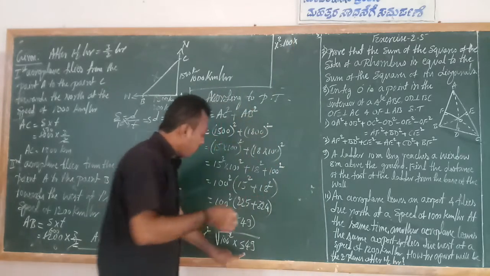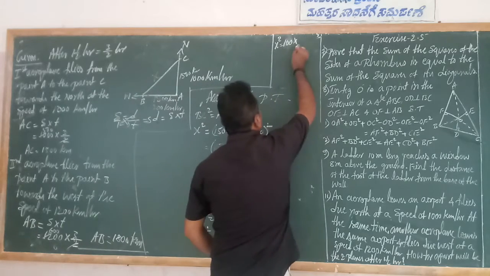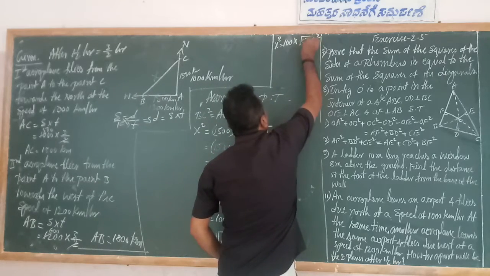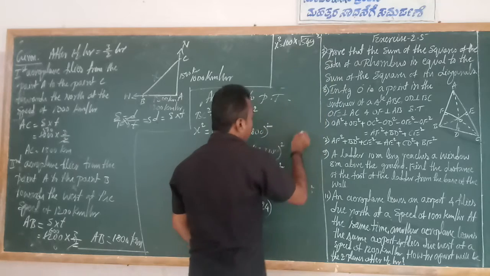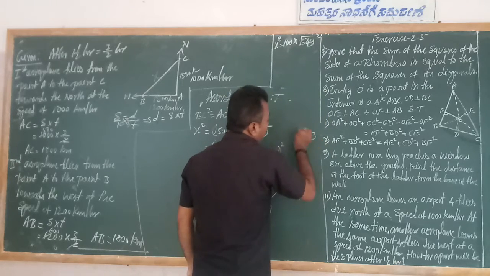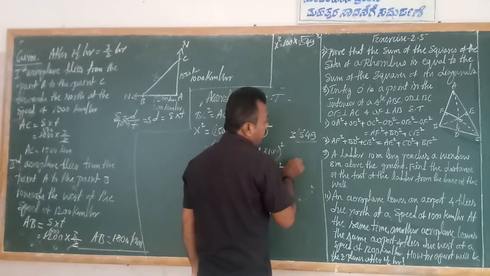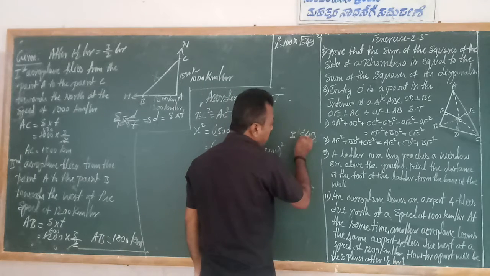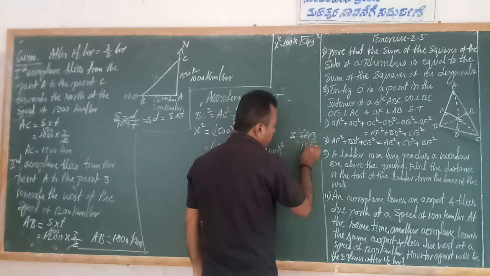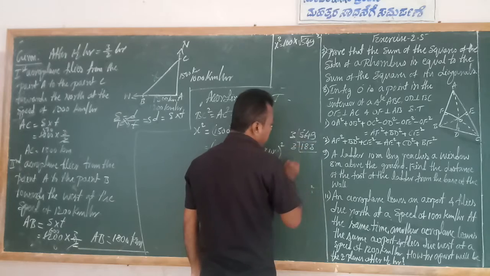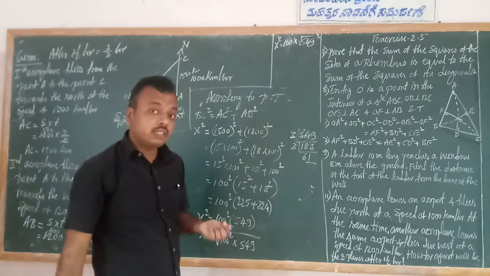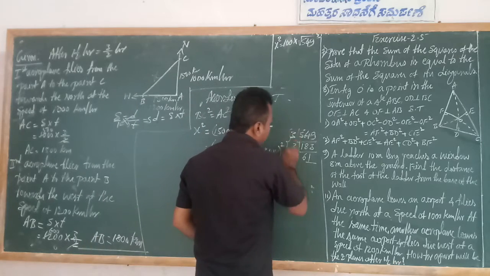What is the square root of 549? I will factorize it. 3 will go: 3 ones are 3, remaining 2, 3 eights are 24, 3 threes are 9. Again 3 sixes are 18, 3 ones are 3, and 61 is not divisible by any number because it is a prime number. Therefore 3 into 3, whole square.